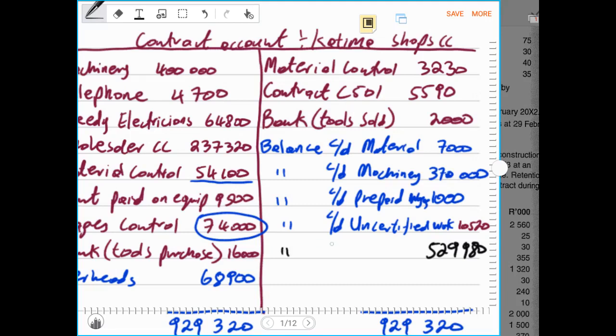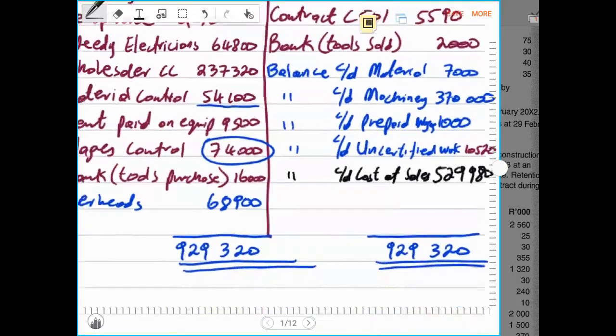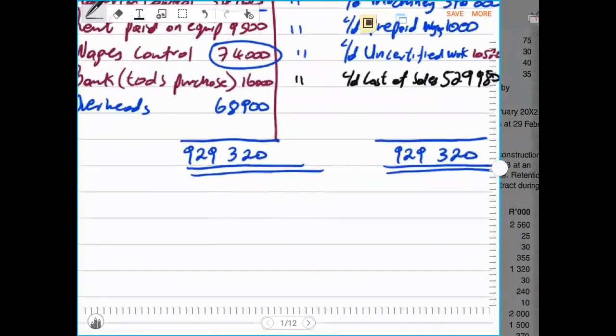Balance carried down, which is the cost of sales. The cost of the work that we have done is this amount, 529,980, the cost of sales. So now from here we continue and we record now the price of the contract.